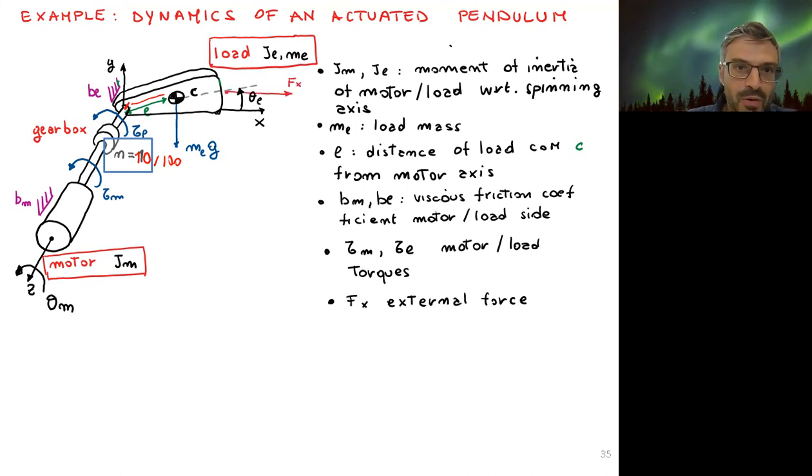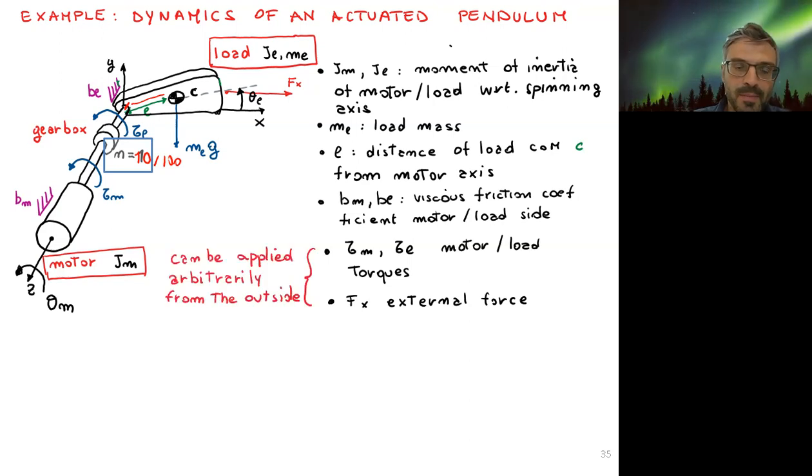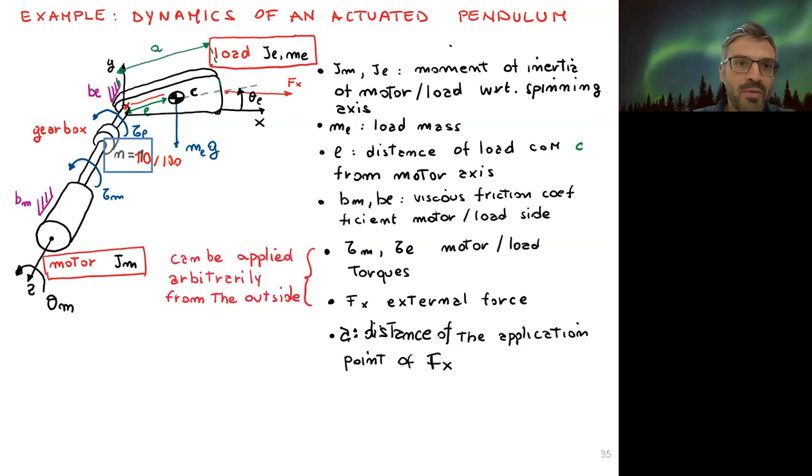Then we have an external force, always horizontal, applied at a distance a from the axis of rotation, and we can apply both the external force and the torque arbitrarily from the outside.